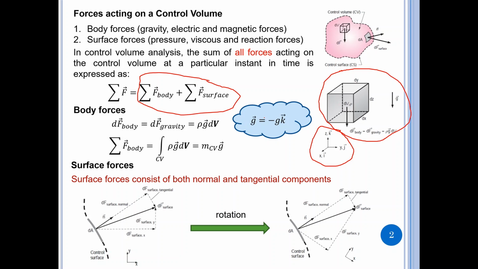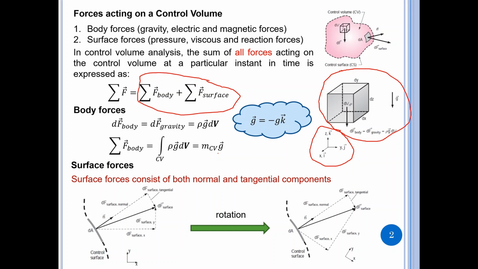The important thing is to know which coordinate system you have selected, what the directions of x, y and z are, and depending on that, the sign of g will depend on your selected coordinate system. So the summation of body forces in integral form is rho g dV. As you know, rho dV is basically the mass of the control volume.